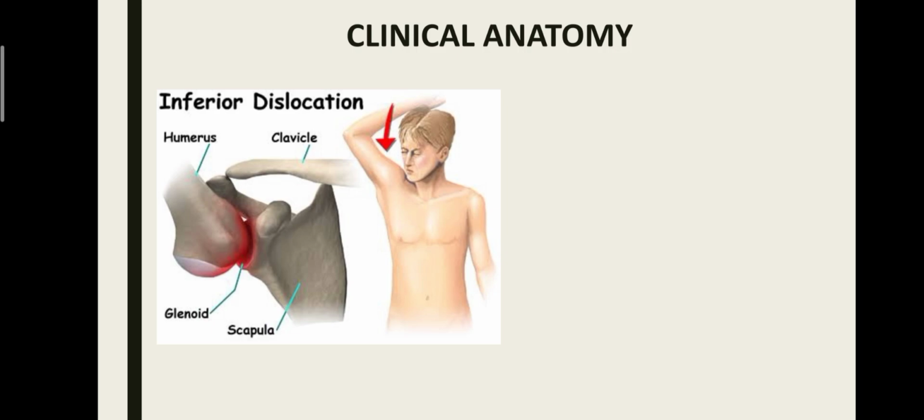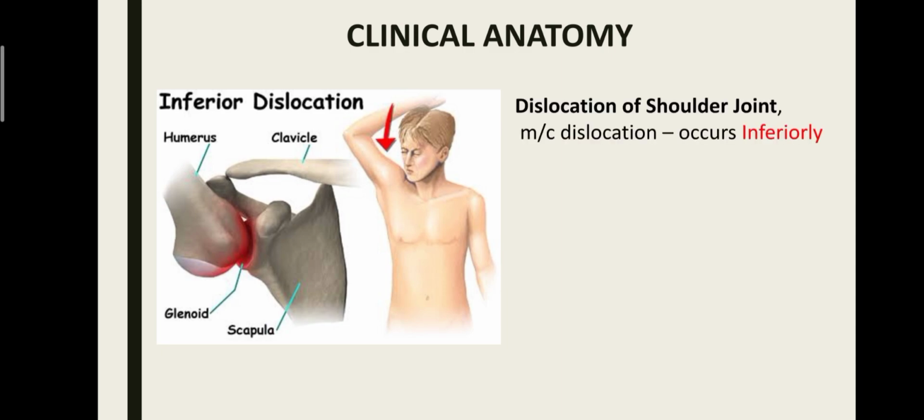This is your clinical anatomy. See, for clinical anatomy, for any joint, the first thing we will be writing is the dislocation. Here in the shoulder joint, the most common dislocation occurs inferiorly because I already told you there is no inferior support, right? So that is why injury most commonly occurs inferiorly, and because of inferior dislocation, it leads to axillary nerve injury.